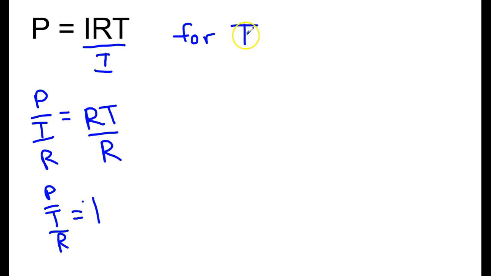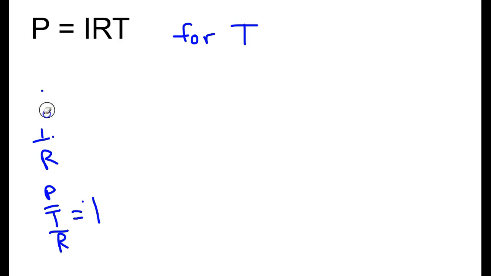I was trying to solve for T, but I divided by T. So now the T's over here. We probably want to just scrap that. A lot of times you're going to be moving the wrong thing. I do that occasionally. So we'll just go ahead and erase.